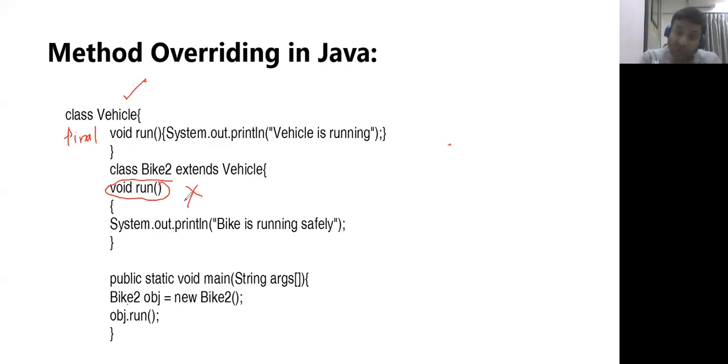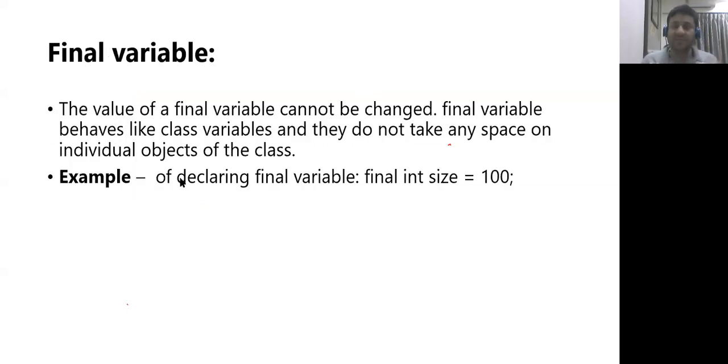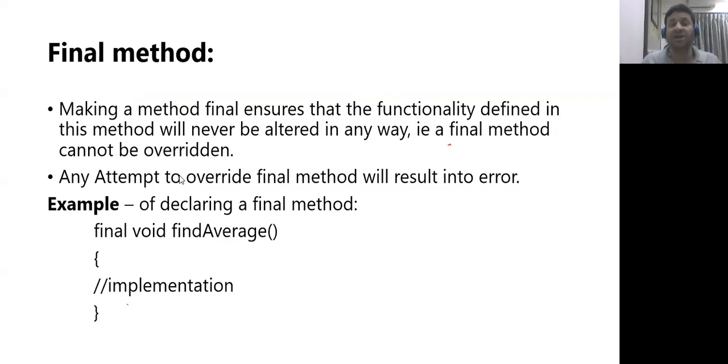If I call obj.run, it will call run of vehicle because bike 2 cannot recreate its own version of the run method. Why? Because it is declared as final. So if you declare a data member as final, the value of the data member cannot be changed. And if you declare a method as final, the method cannot be overridden in the derived class.